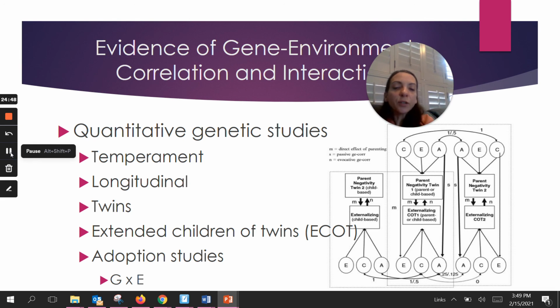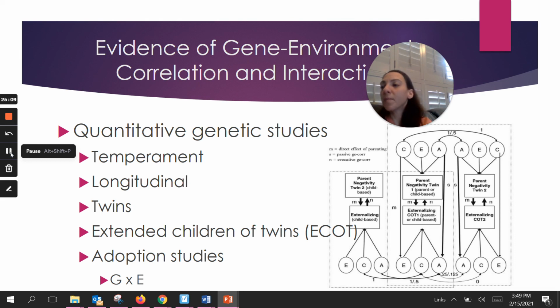So the Extended Children of Twins study uses the parents who are twins and children who are twins to help make this relationship more clear. They can distinguish between evocative and passive genetic environment correlation. And it shows that it's evocative because of the siblings of differing genetic relatedness.